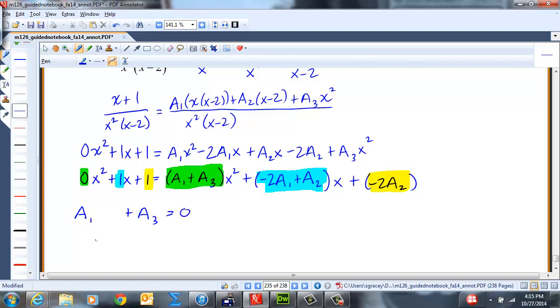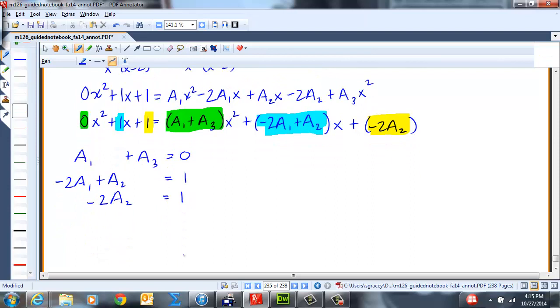We will have negative 2 times a1 plus a2 is equal to 1. And then negative 2 times a2 is equal to 1. So I think this one will be easiest solved by substitution.